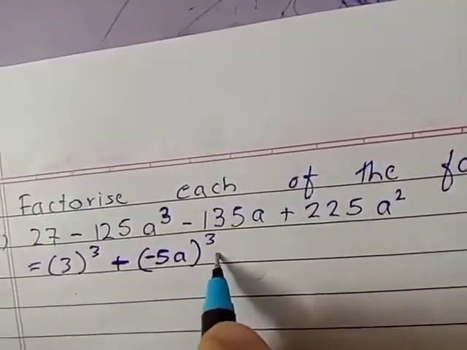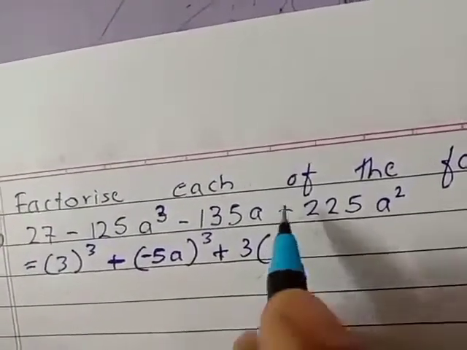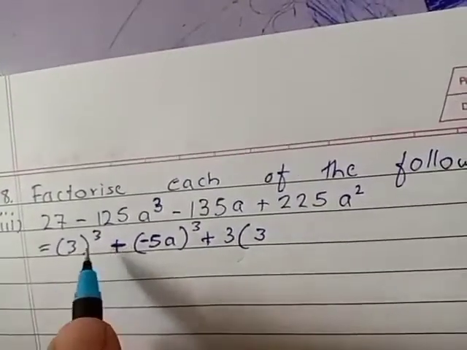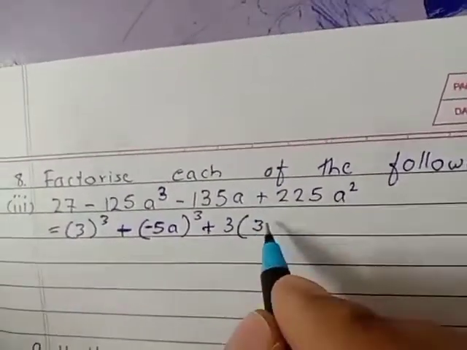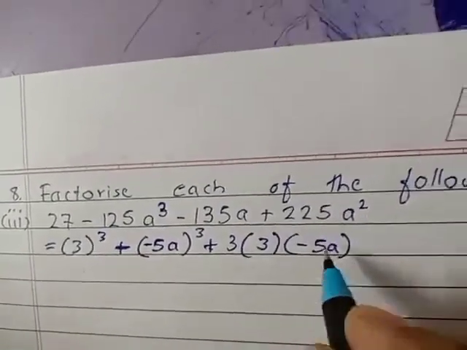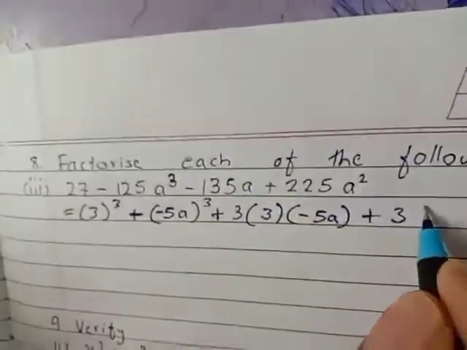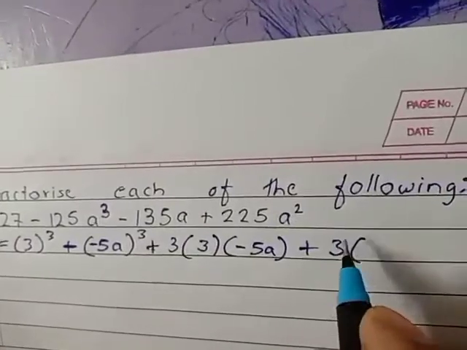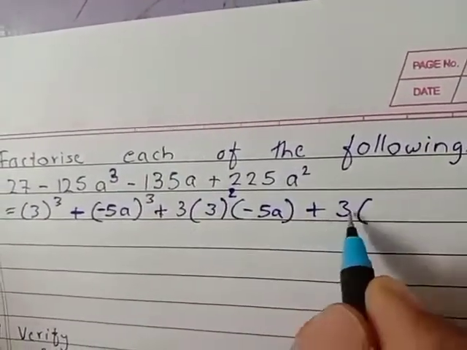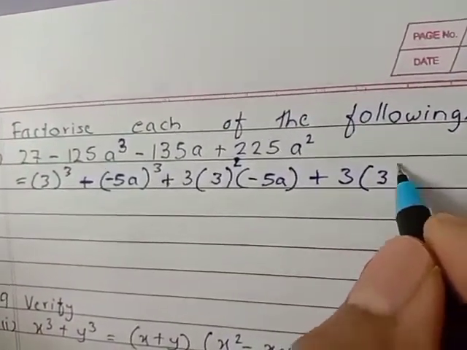Plus 3ab. What is a? 3. And what is b over here? Minus 5a. Then plus 3a square b, and plus 3ab square. What is a over here? 3. And what is b over here?